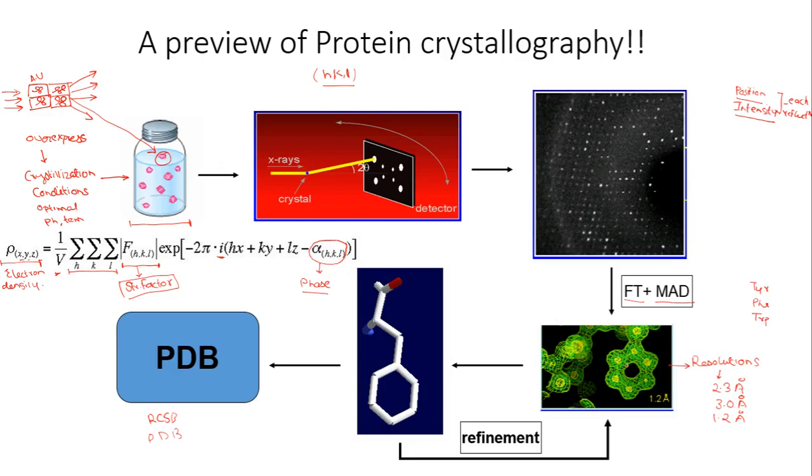So when you download a structure from PDB, you are supposed to say that I have downloaded the model of a particular protein. These models are created on the basis of experimental data in the form of electron density maps.